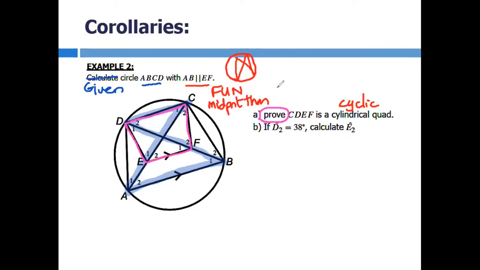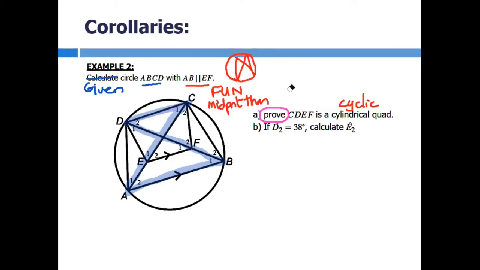So I cannot use that pink quadrilateral and say that those angles are going to be equal, because there's no circle going through the points. Do you see? I have to use the big one. I hope that makes sense, because I possibly should have started with question B. I think it would have made it easier.